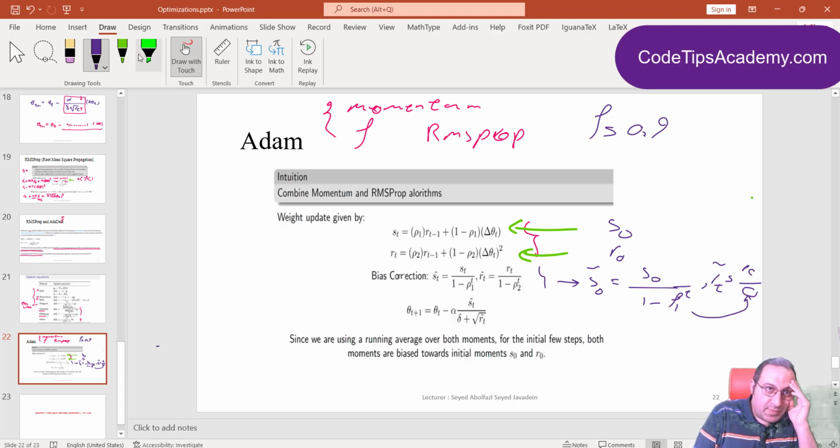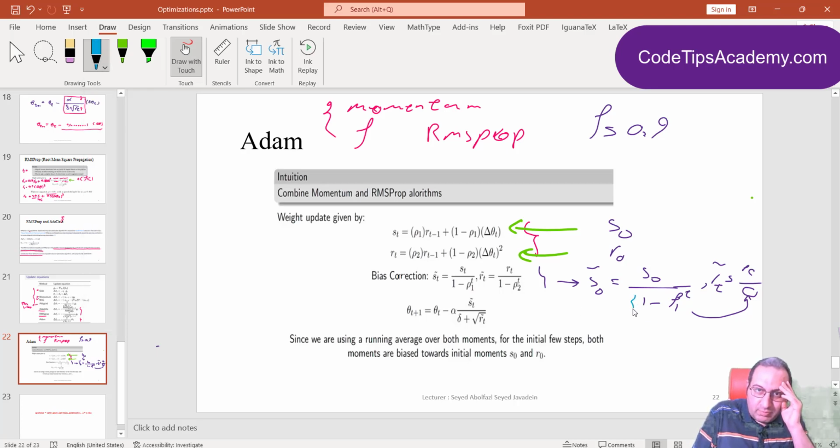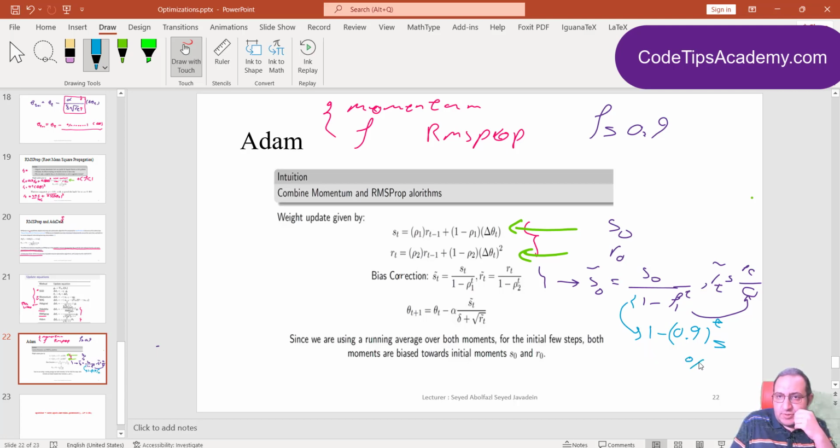Here at the first steps, in the denominator we have 1 minus 0.9 to the power of t. T for step 1 is 1, and this means that at the first steps the denominator is 0.1.